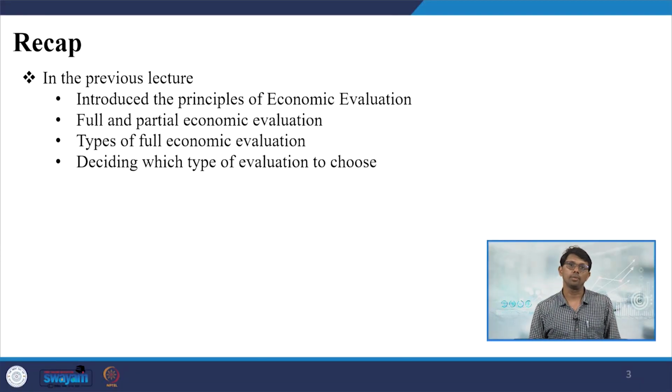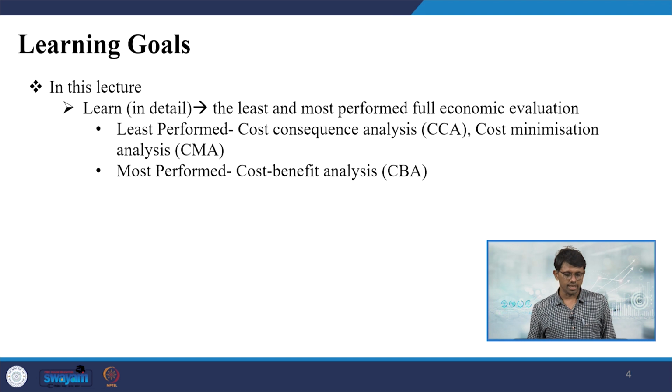We also clarified full and partial economic evaluation and the types of full economic evaluation, and we decided which type of evaluation we should choose. In this lecture we are trying to understand further details of the least and most performed full economic evaluations.